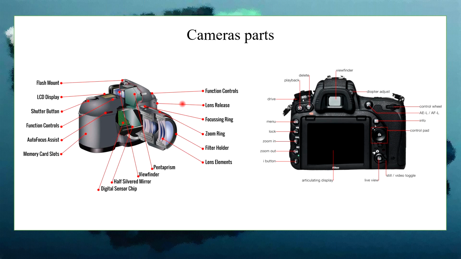As from the back, there are even more parts. Also buttons like control pad, still video toggle, live view, I button, zoom out, zoom in, lock, menu, drive, playback, delete, viewfinder, and diopter adjuster.